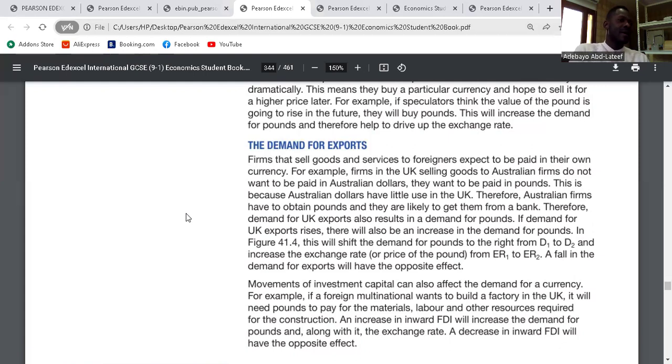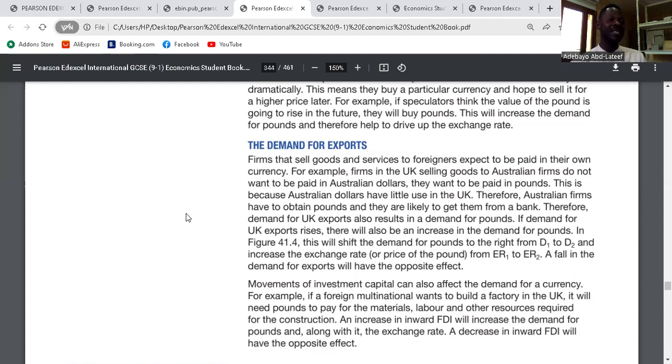For example, if Libya is exporting oil, do you get it? Exporting oil means the Libyan government wants to be paid in dinars. For them to be paid in dinars, the foreign customers who want to buy the Libyan oil have to change their dollar, their lira, whatever they have, to dinars.